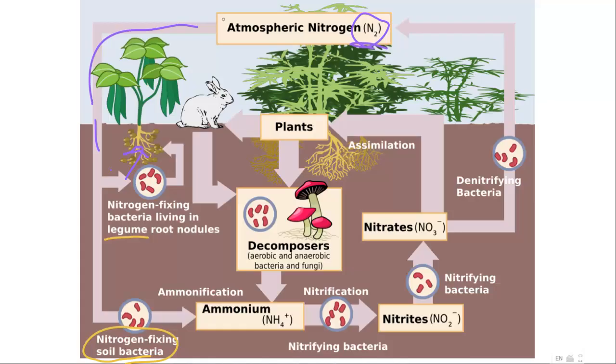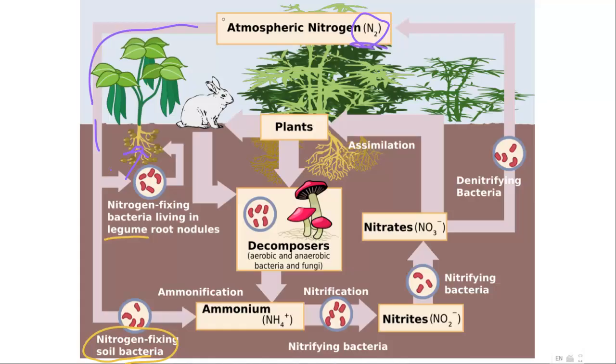And that replenishes the atmosphere with nitrogen gas, and the percentage remains at roughly 78%. Now, once it's taken up by plants, this is made into proteins. Plants need proteins. They also need nucleic acids.